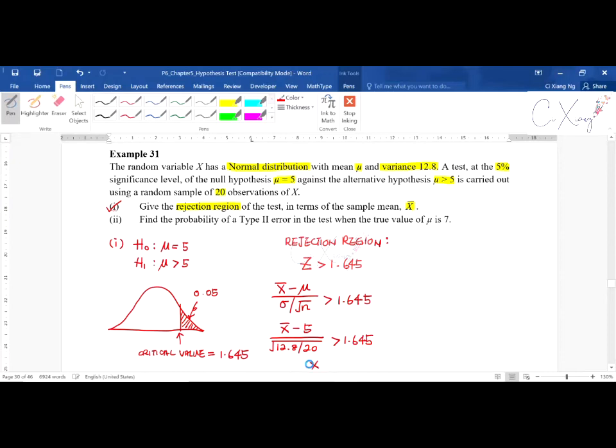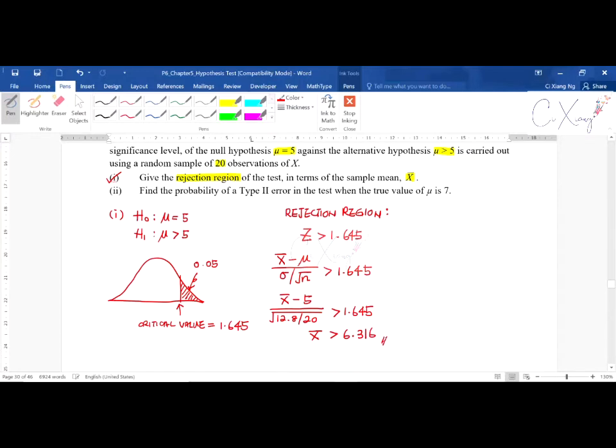And eventually you will get the sample mean x is greater than 6.316. If you want, you can change it to 6.32, but for me, I will just keep it here. So this is the rejection region of the test.